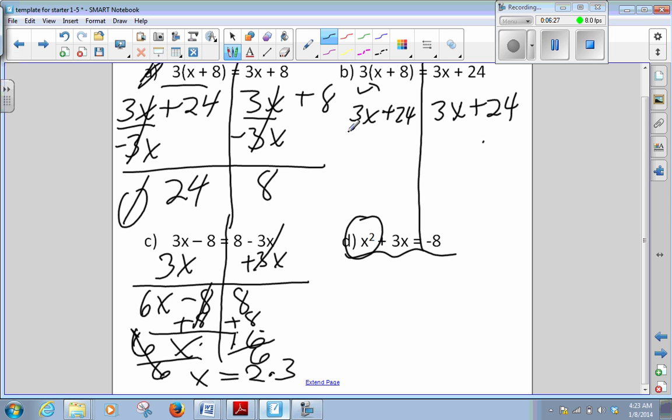I've got something going on here, a little weird. 3x plus 24 is exactly the same thing as 3x plus 24. So no matter what number you put in for x, 3x plus 24 is always going to be the same thing as 3x plus 24. So that means I can put any number on the planet that I want in for x. This equation will always work.